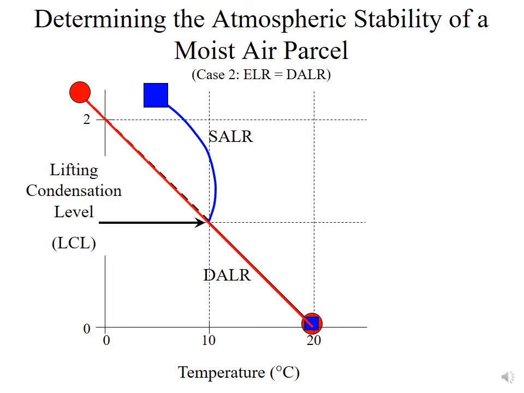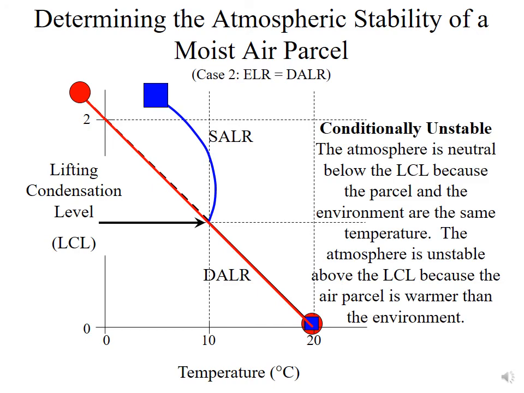Case 2. We once again have a radiosonde balloon launch that happens to decrease at about the dry adiabatic lapse rate. So our air parcel will be lifted up to 1 kilometer, where it will become saturated, and then it follows the saturated adiabatic lapse rate. And we're going to refer to this situation as conditionally unstable.